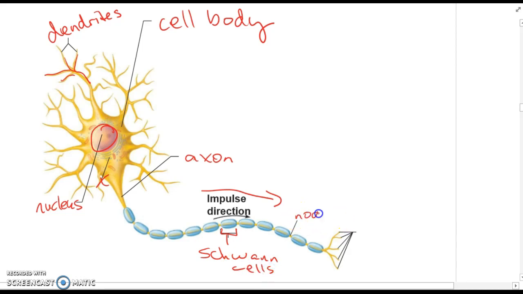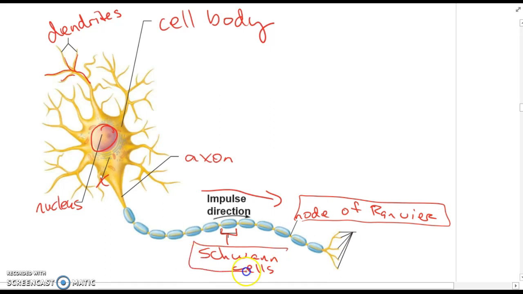And then these are called the node of Ranvier, but I don't think we're going to mention these two too much, so I kind of want to cross them out right now, but maybe I won't. So the big important thing here is the axon.